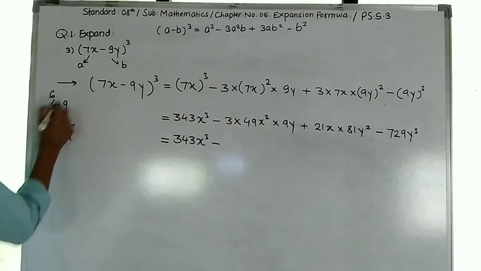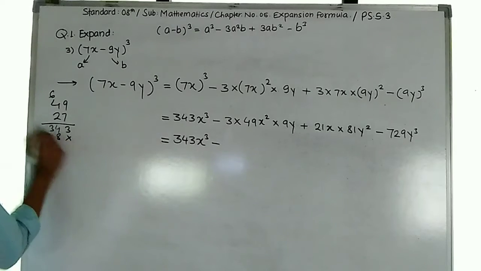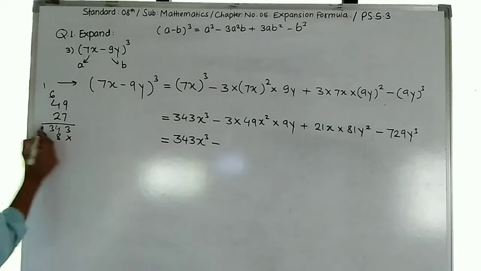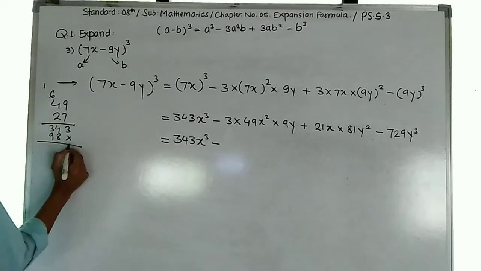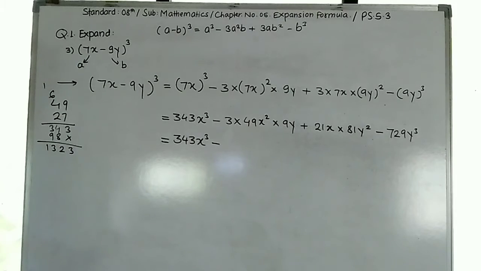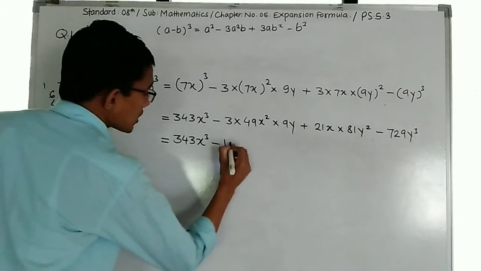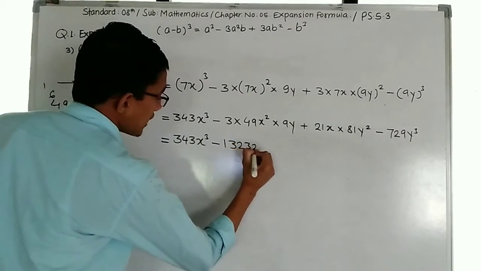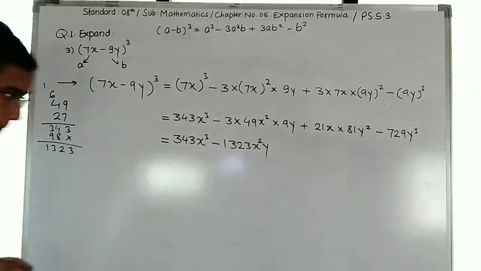Then 9 twos are 18, 8, 1 carry, 2 fours are 8 plus 1, 9. Then 3, 4 plus 8 is 12, 1 carry, 4 plus 9 is 13. So 1323. So we got 1323x square y.